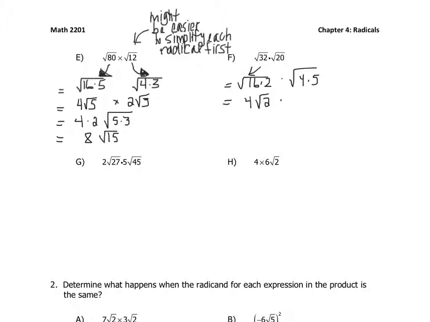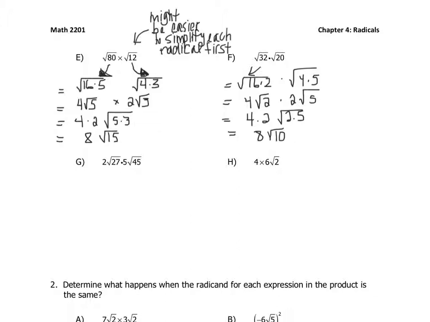And the square root of 4 would come out in the next one as a 2, leaving you with just root 5. So that will give you 4 times 2 and 2 times 5 under the radical sign, or 8 root 10, which again is simplified as much as possible because root 10 does not have any perfect square factors.